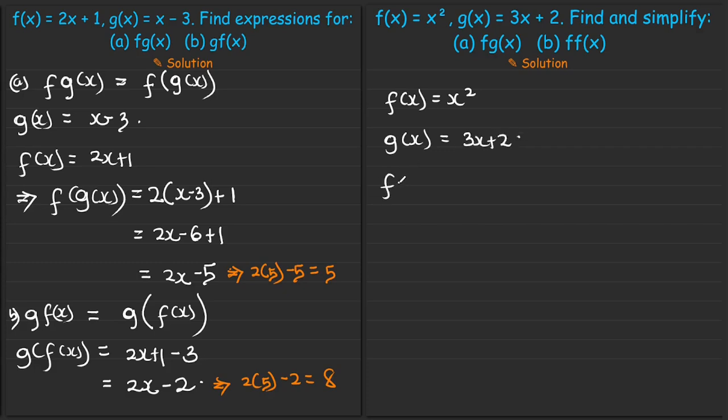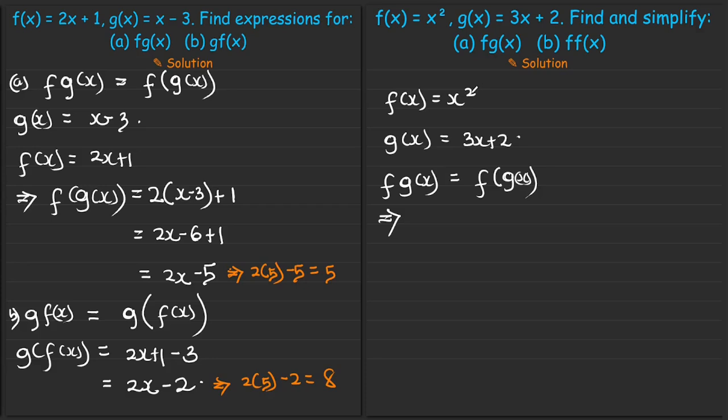If you want f of g of x, then it simply means for the function f, to substitute g of x inside. Okay, so that simply implies that this here is my f of x.